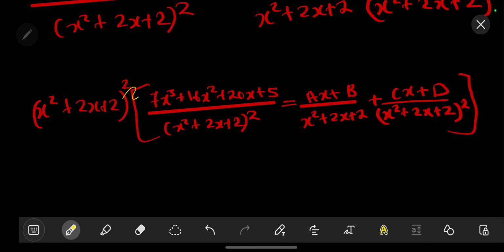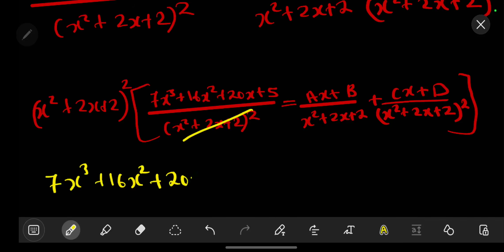This value, when we multiply, it shall cancel with this. So we are going to have 7x to the power 3 plus 16x to the power 2 plus 20x plus 5, which should be equal to ax plus b. So when this and this cancels, we are going to cancel like that.